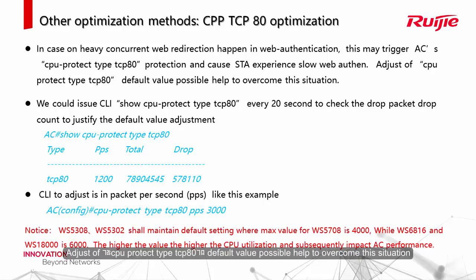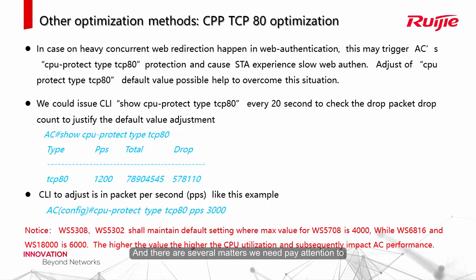Adjusting the CPU protect type TCP-AT-zero default value may help to overcome this situation. We could issue the CLI show cpu-protect type tcp-at-zero every 20 seconds to check the packet drop count to justify the default value adjustment. And the command is shown in the slide.